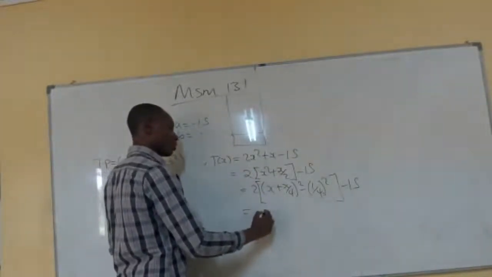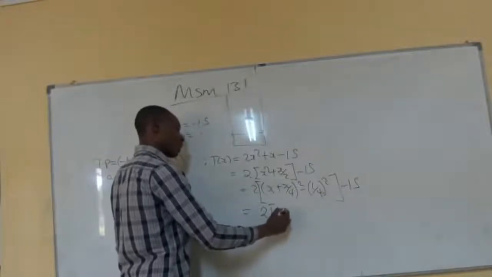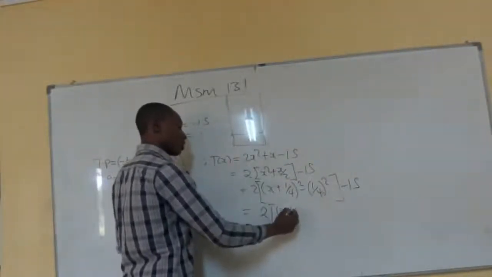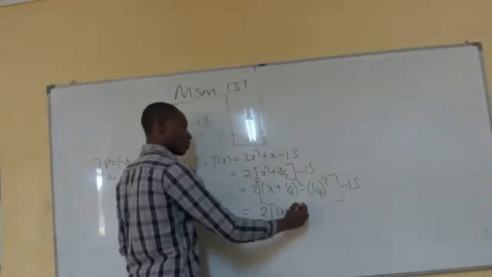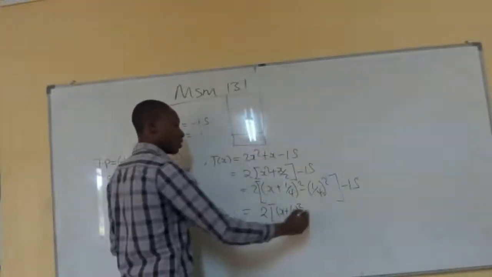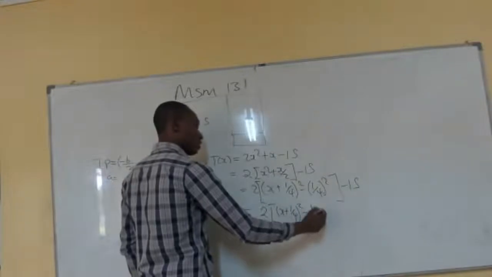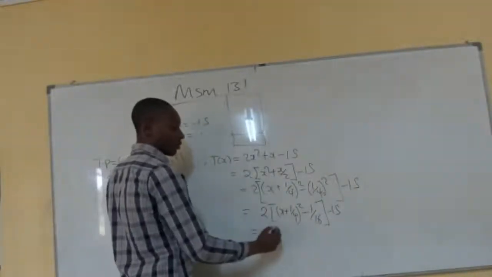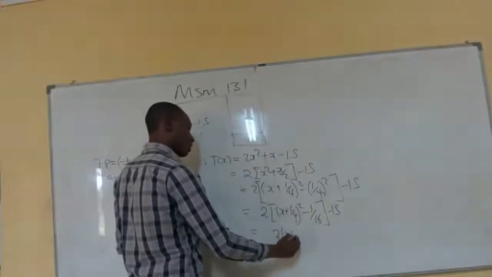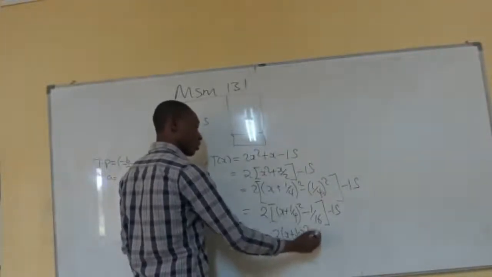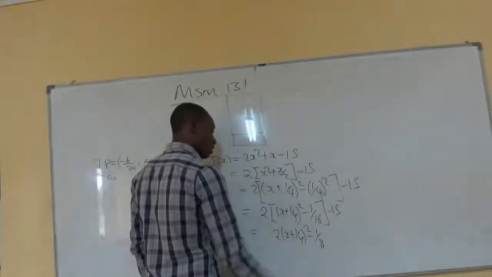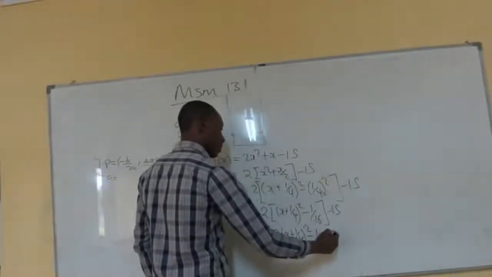From this we have 2 times (x plus 1 over 4) squared minus 1 over 16, minus 15. From there we have 2(x plus 1 over 4) squared. 2 multiplied by that is negative 1 over 8. Then we have minus 15.